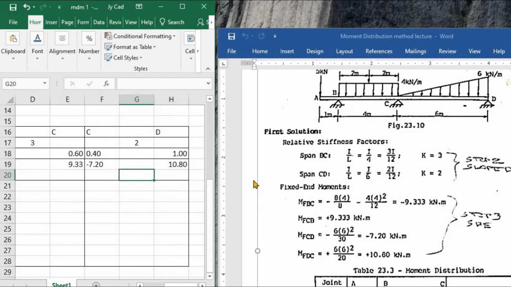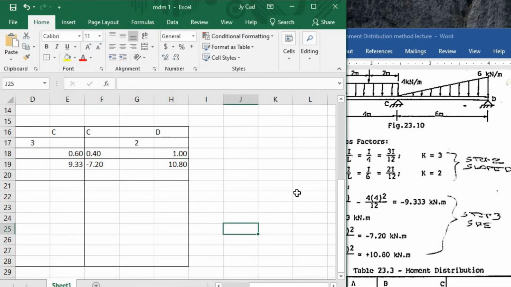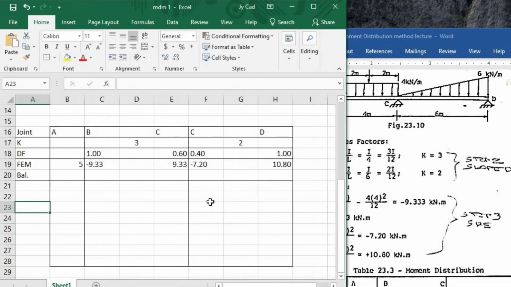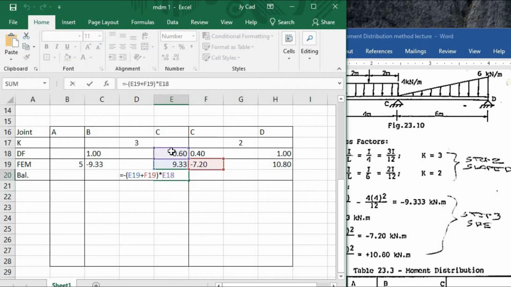Okay? Next, dito na tayo ngayon sa Excel na tayo, no? For the balance, that is equal to negative times the quantity, i-add mo lang yan, plus this, times yung 0.6. Click mo yan. Then you press enter. As I've said before, dito pa lang, pwede mo nang i-F4 yan.